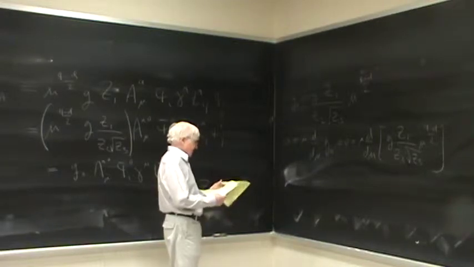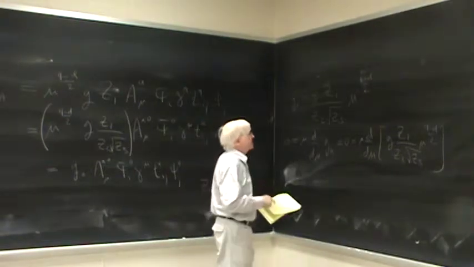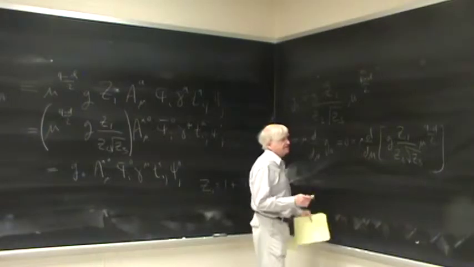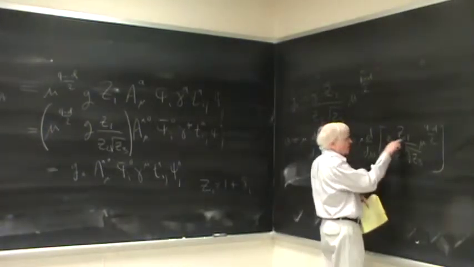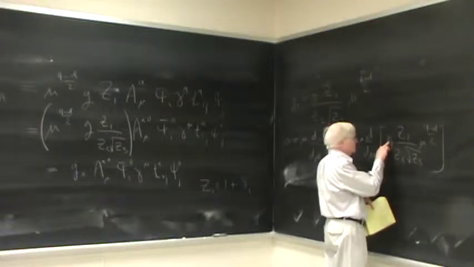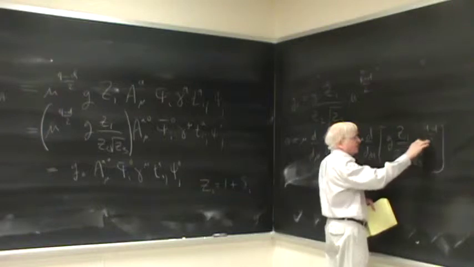The other thing is that we're trying to do this perturbatively, and so what we're going to do is say that to lowest order, all the Z's are 1, and we have g mu to the (4 minus d) over 2.